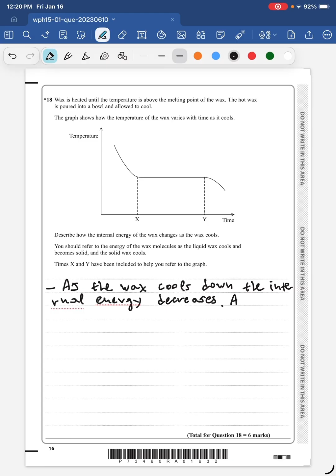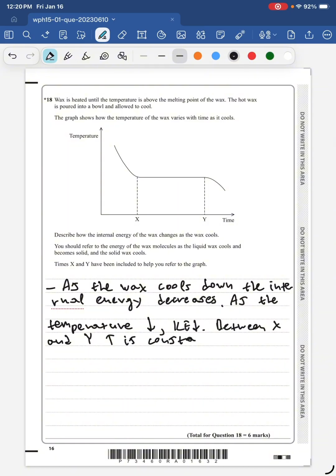Okay, as the temperature decreases, the kinetic energy of the molecules decreases. Between x and y, okay, T is constant, so kinetic energy is constant, okay.